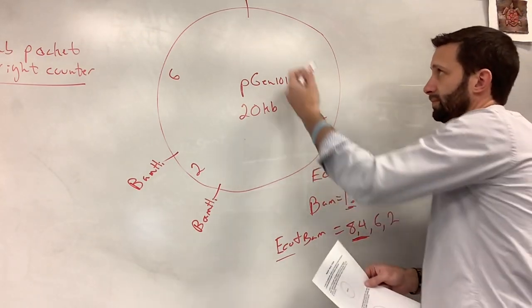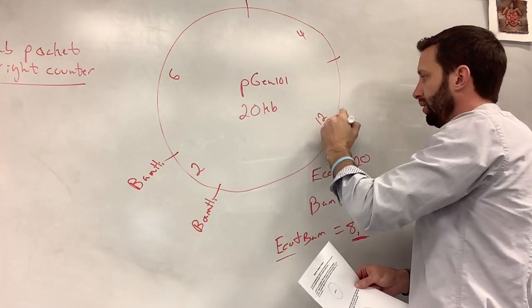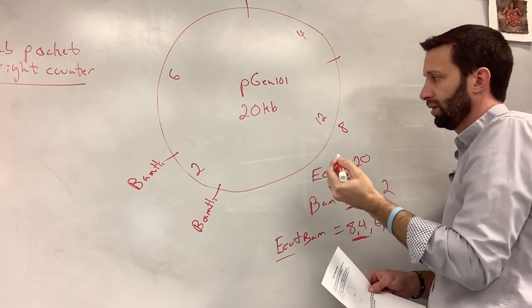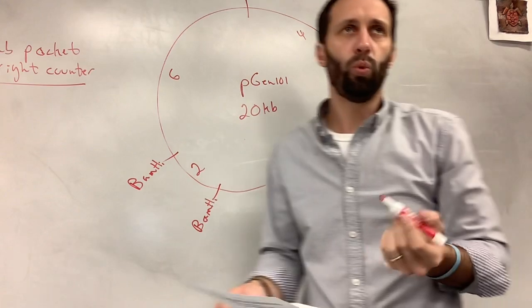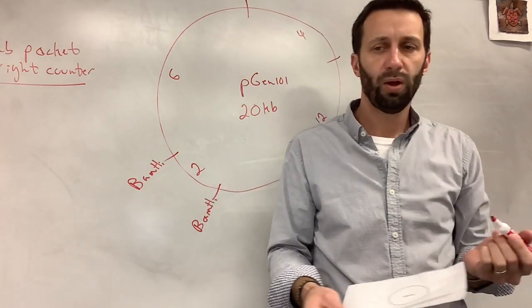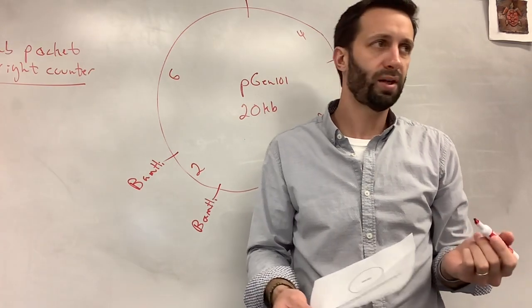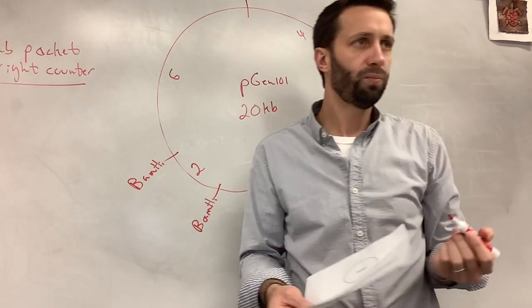So how are we going to cut that, Mason? Somewhere like a third of the way. Somewhere on the 12, yeah. A third is going to be 4, and two-thirds is going to be 8. You could have the 4 down here and the 8 up here. We don't know. We don't have any other information to go off of. All you need to know is that it cuts that 12 into a 4 and an 8. Does that make sense? So you've mapped out your plasmid.